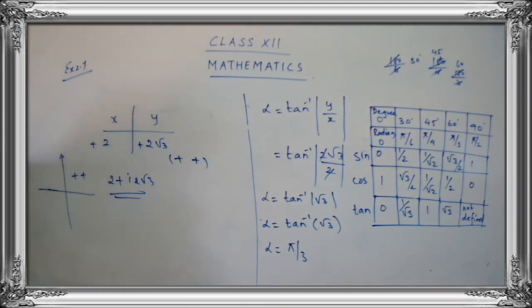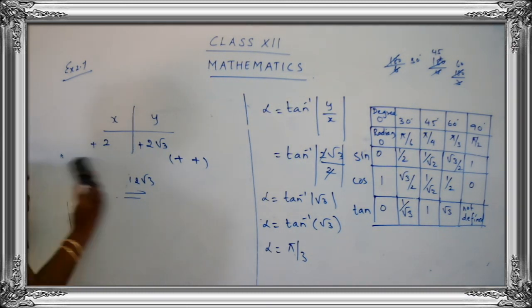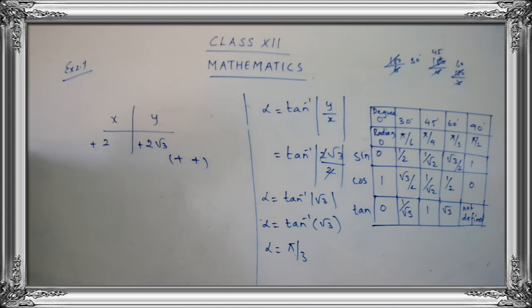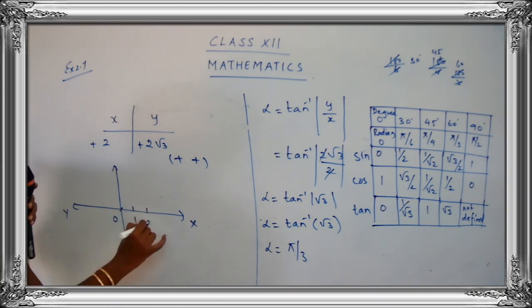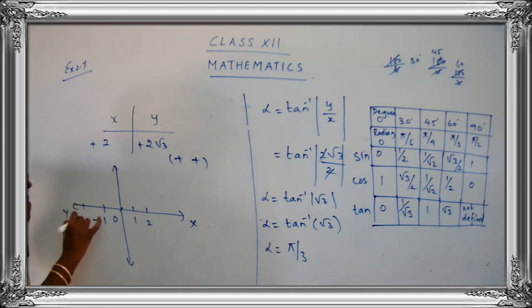I'll just draw the x-axis and y-axis. X, y. We write all the positives here and all the negatives here. So a positive number, a negative number.